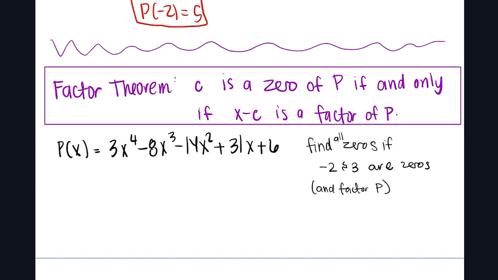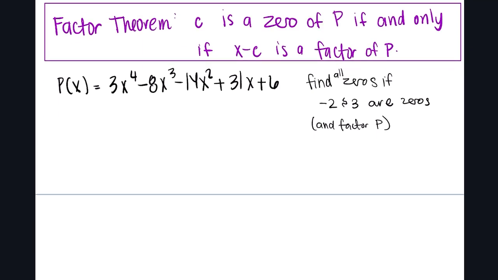If negative 2 and 3 are zeros, that means that x plus 2 and x minus 3 are factors.